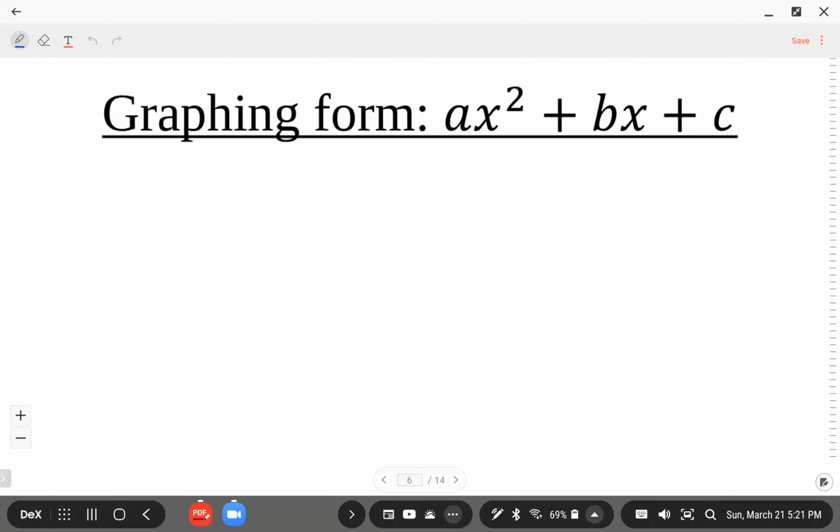So basically, when I was first introducing how to graph, I was explaining, you see here, we have the values A, B, and C, right? To determine if a parabola is facing down or up, we need to look at the A value. The A value determines, most of all, the width of our parabola. So I can make it skinnier or wider.